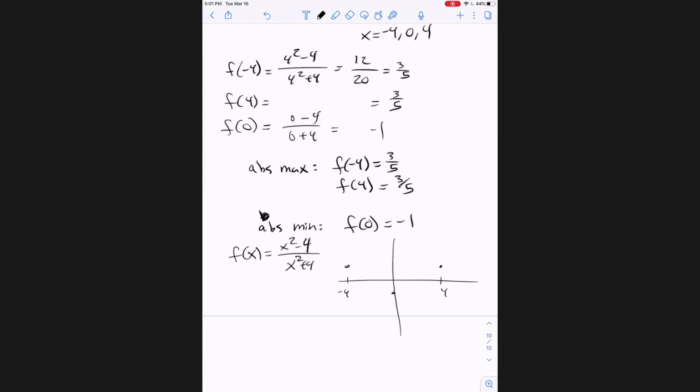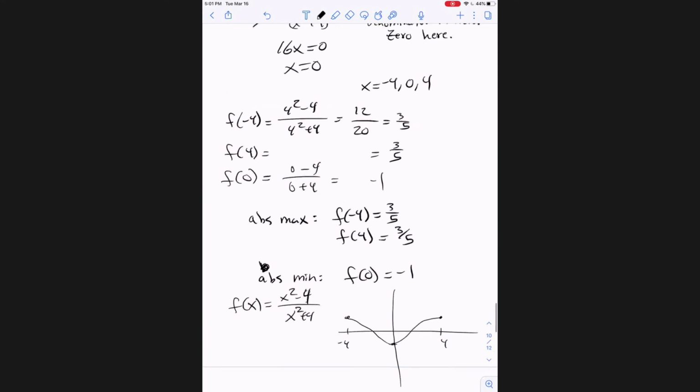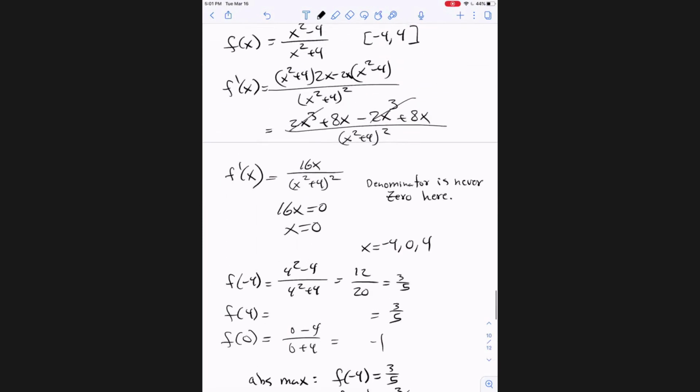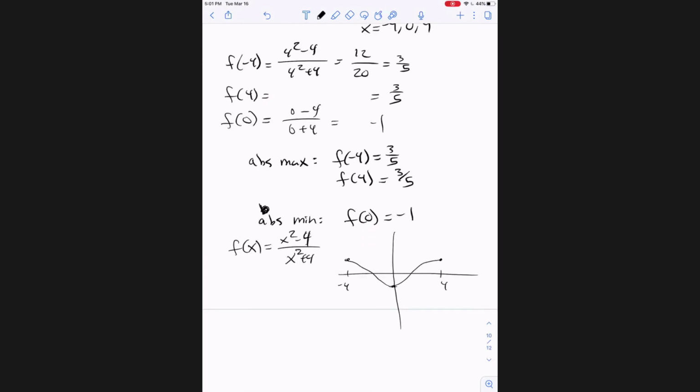Oops, not like that. I need more info, probably something like that. I need more info to see where it crosses the x-axis. I'd have to set it equal to 0. If I were to set the original function equal to 0, it would cross at 2, actually, and -2. But don't worry, you don't need to know how to graph it right now.